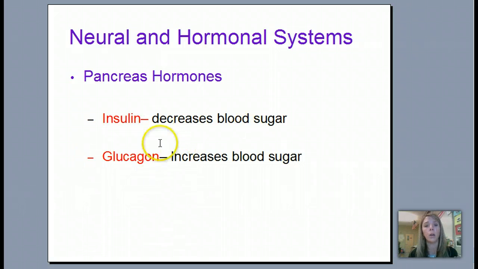My glucagon is what increases blood sugar. The glucagon hormone attaches and says we need more sugar in the system. See how the two counterbalance? They balance each other out. I might have insulin released when I need to decrease blood sugar, and glucagon released when I need to increase it. They're released under different situations. Both of those are located in the pancreas.